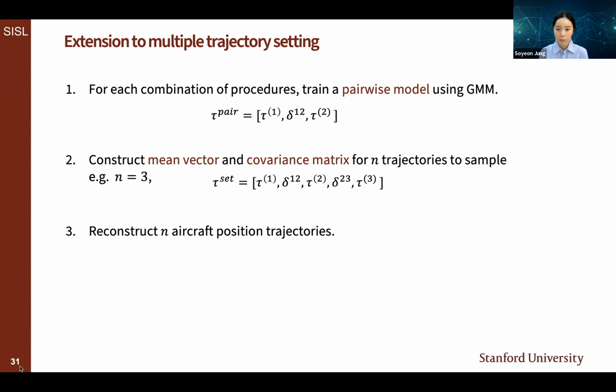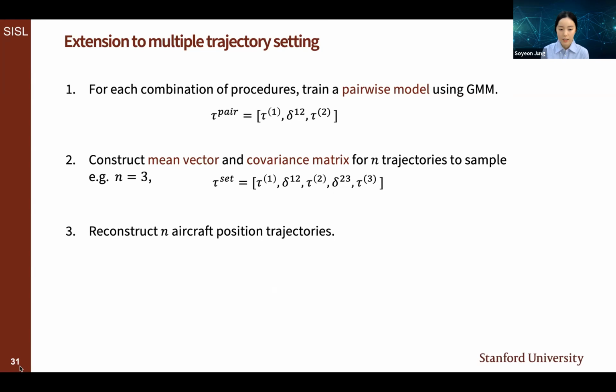To generate multiple trajectories, we first construct a mean vector and covariance matrix using the pairwise model to sample tau set. Then we reconstruct the aircraft position trajectories in the same manner as in the single trajectory model.